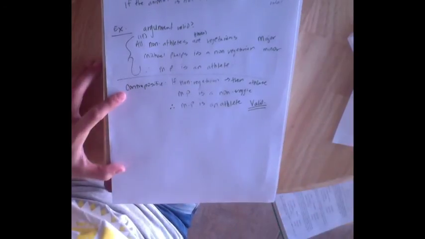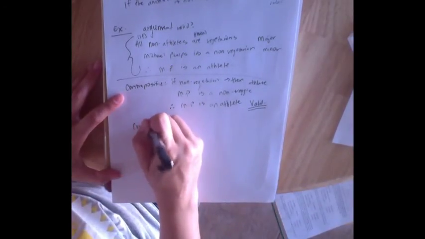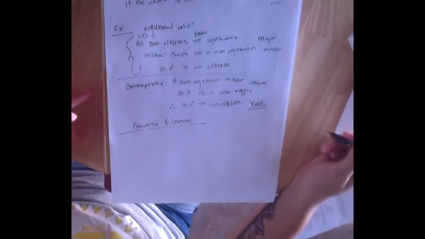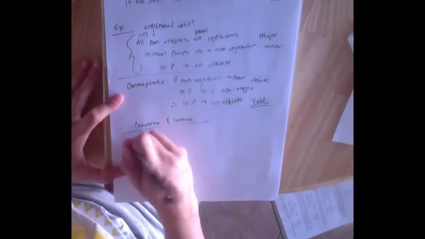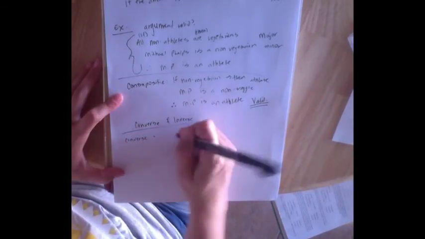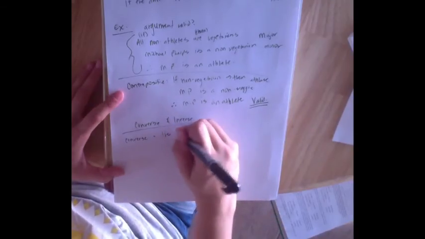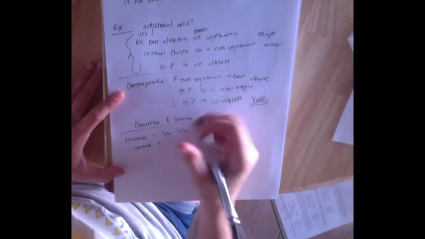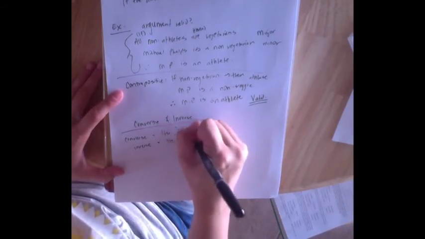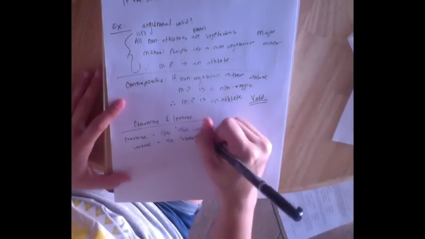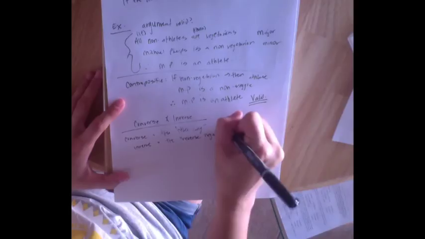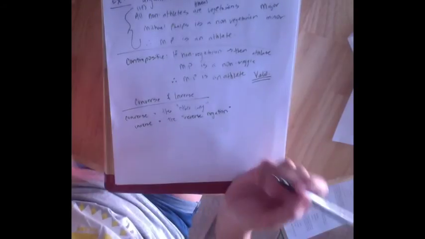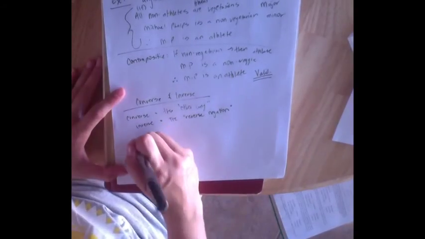That is our contrapositive. Let's move on and talk about the converse, not the shoe, versus inverse. Converse is the other way, and inverse is the reverse negation. Okay, so what I mean by that is a premise.